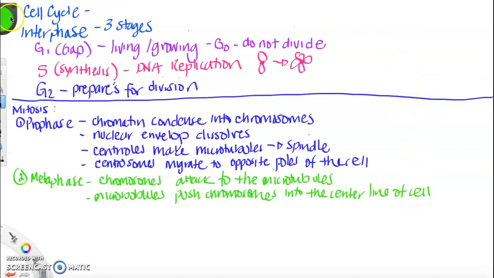So at this point, if we have our little cell here, right, and we have this little center line here, we've got these spindle tubules that are coming from the centrosomes here.